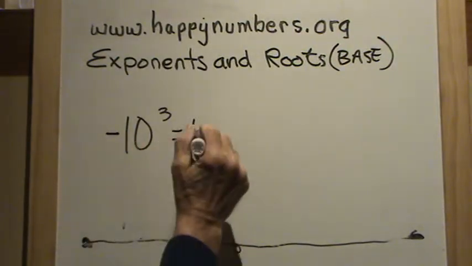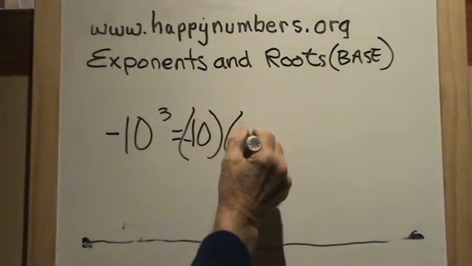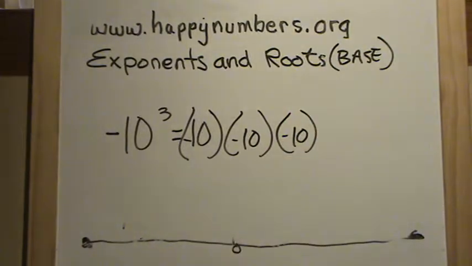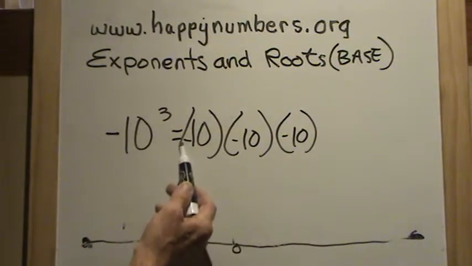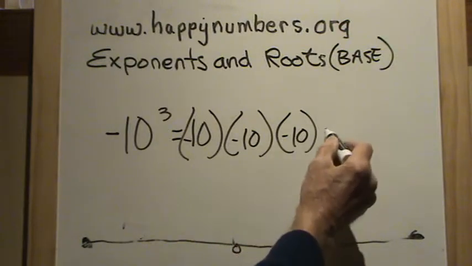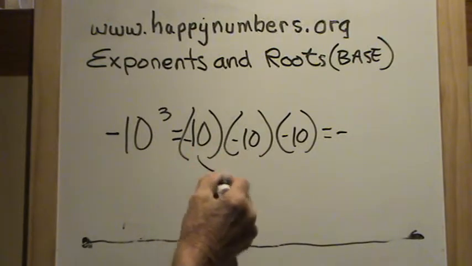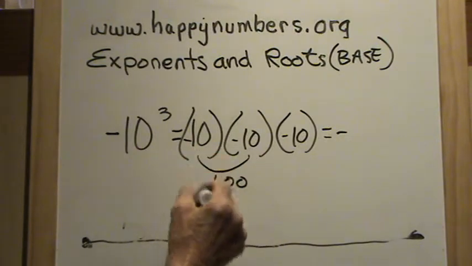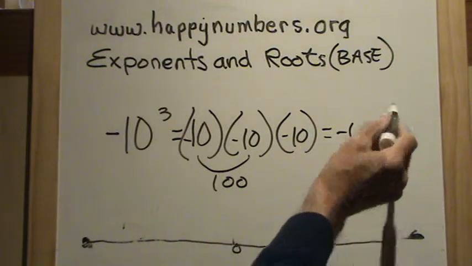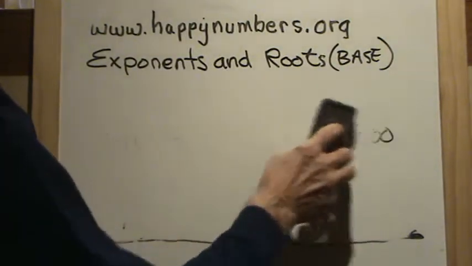Negative 10 to the third power is equal to negative 10 times negative 10, and in fact I think we did this one as an example. And we know a negative times a negative is a positive, and a positive times a negative is a negative, so we know our answer is going to be negative. And 10 times 10 is 100. And 100 times 10 is 1,000.